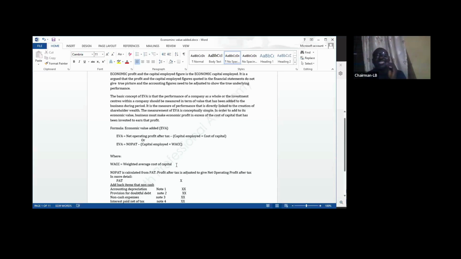Let me quickly say that there are several adjustments here. You have up to 60 adjustments based on the concept of economic value added.